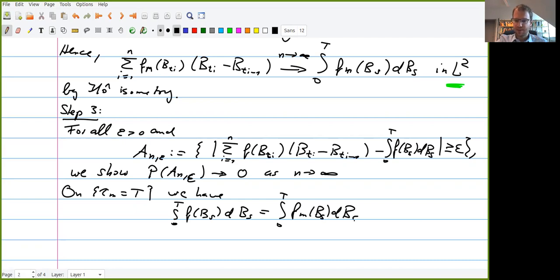This is by our theorem, the last one we proved in the last video, which is the persistency of identity. So we can move stopping times from the inside of the integral to the outside of the integral, and this is exactly what happens here.